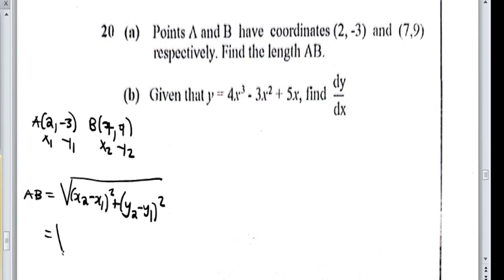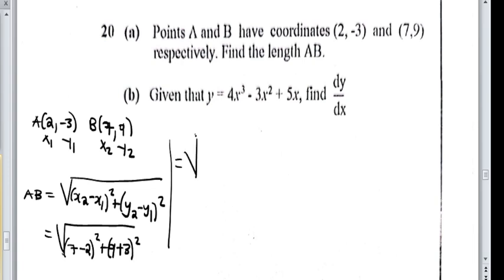So this will become the square root of (7 minus 2) squared plus (9 minus negative 3) squared. Our y1 is negative 3, so minus becomes plus 3. That gives us the root of 5 squared plus 12 squared, since 7 minus 2 is 5 and 9 plus 3 is 12.